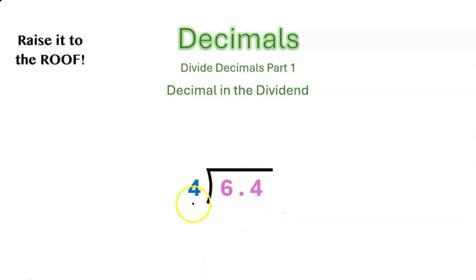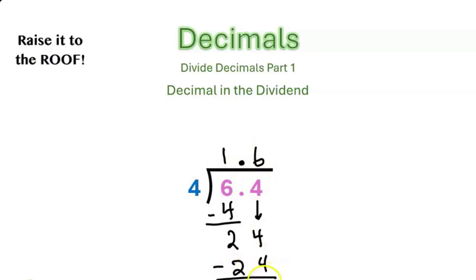6.4 divided by 4. The decimal is in the dividend, so I am going to raise it to the roof. Now I can just divide like normal and forget the decimal point. 4 divides into 6 one time. 1 times 4 is 4. Remember, then we subtract and we bring down this 4. 4 goes into 24 6 times. 6 times 4 is 24, and we subtract and get 0.